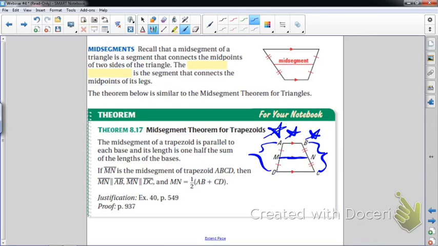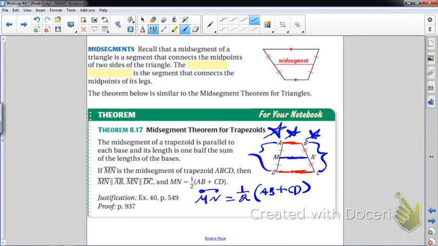So if we know that MN is the mid-segment of a trapezoid, to figure out the distance, because that's what I want to know, the distance of the line segment MN, then I can take half of the addition of AB, let me put that in red so that you can see, AB plus DC.